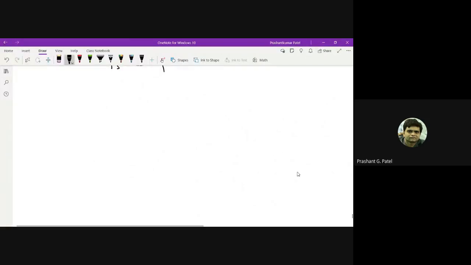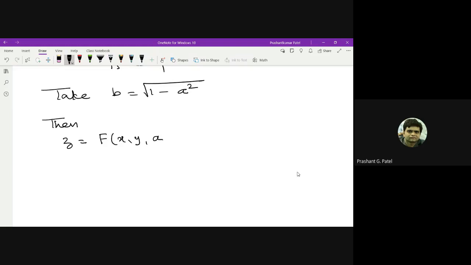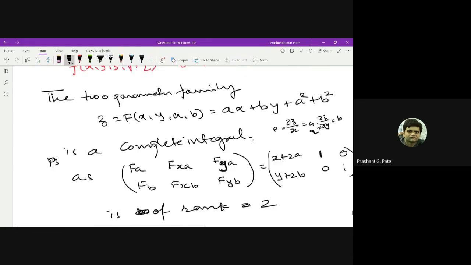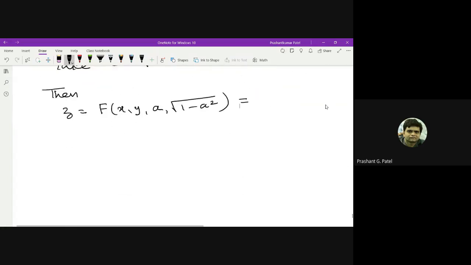So what I'm taking, I will take this. Take b equal to square root of 1 minus a square. Then z is equal to capital F of x, y, a, and the value of b is this, square root of 1 minus a square. As per the equation, that is ax plus by plus a square plus b square, we substitute that value.